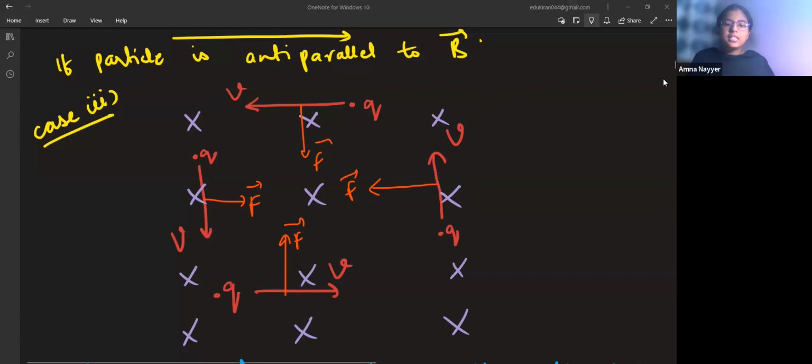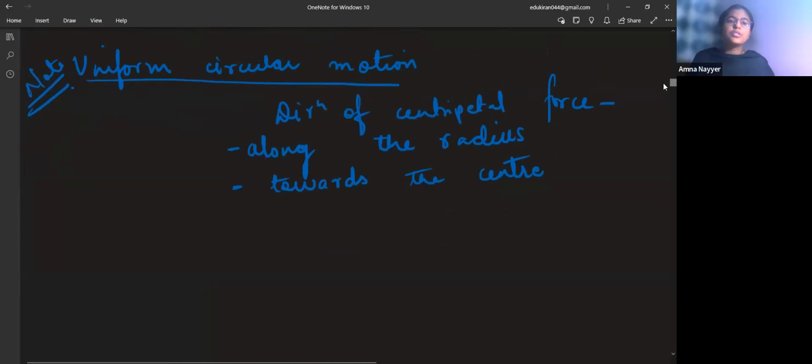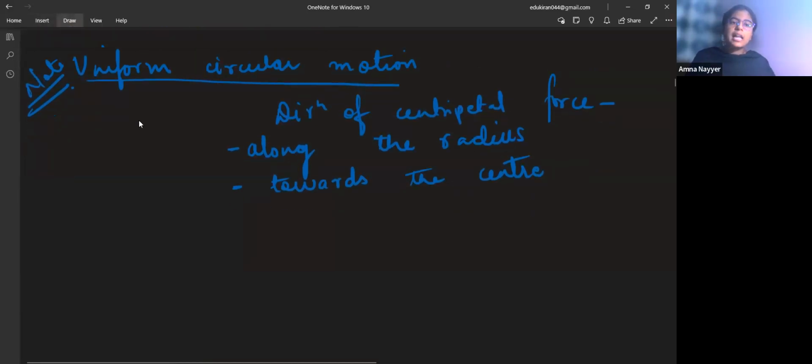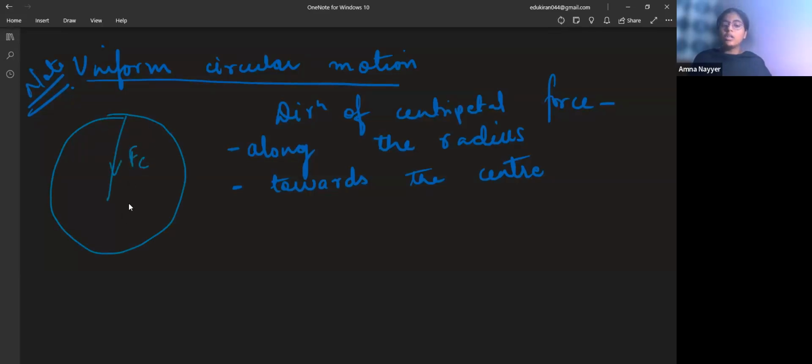All right, a little recap of the uniform circular motion which you have done in your class 11. In circular motion, when the force is directed towards the center along the radius, this is what we call the centripetal force. This is the exact direction for centripetal acceleration also. Centripetal acceleration is given through centripetal force only.